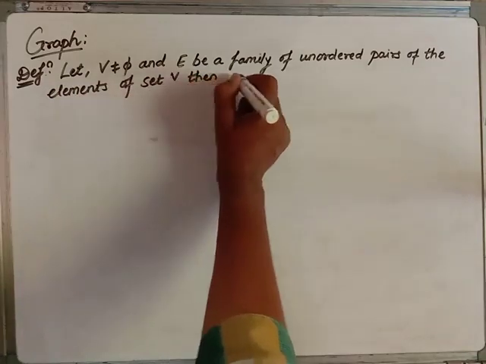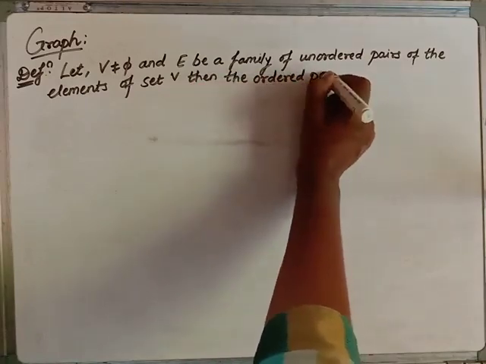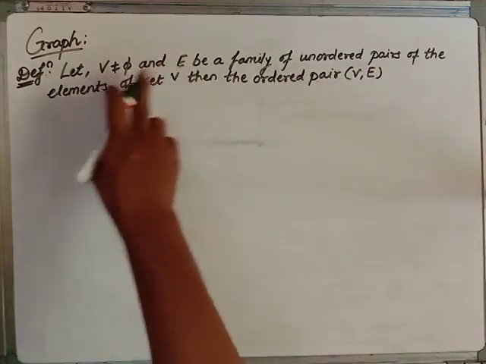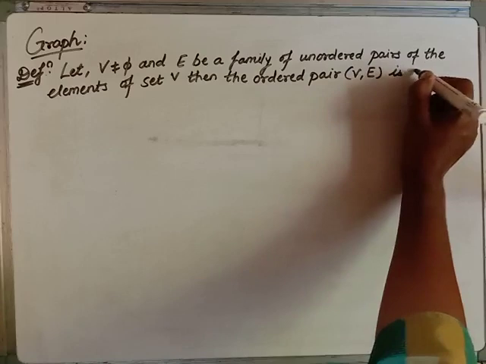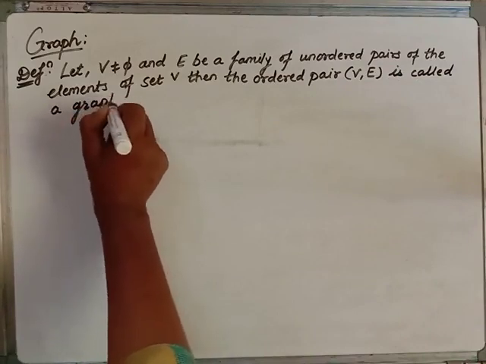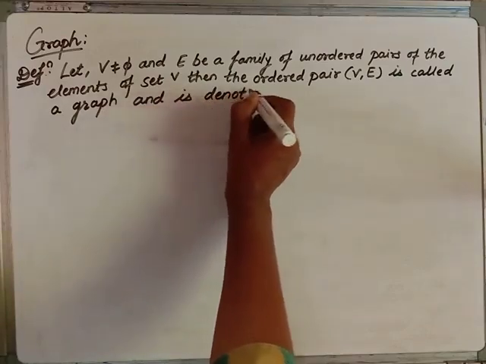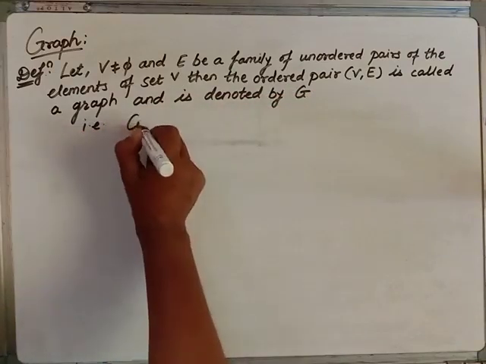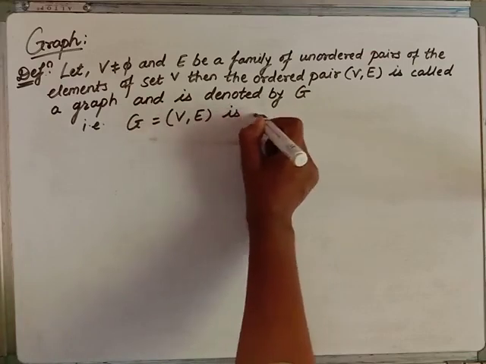then the ordered pair V with E, meaning the ordered pair of these two sets, a non-empty set and a family of unordered pairs, is called a graph and is denoted by G. That is, G equals this ordered pair (V, E) is a graph.